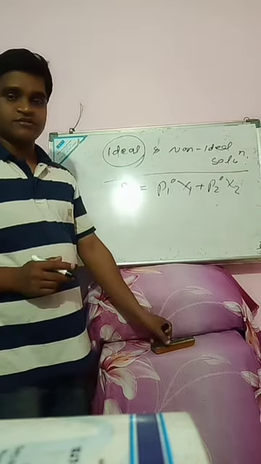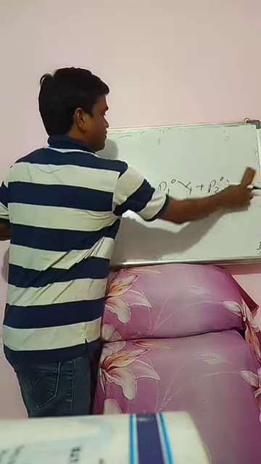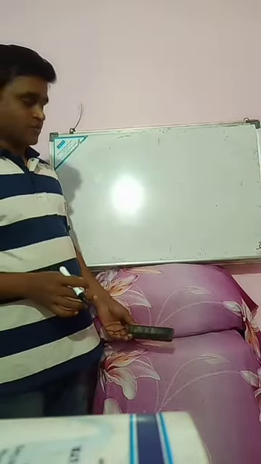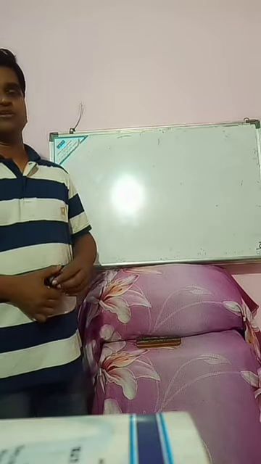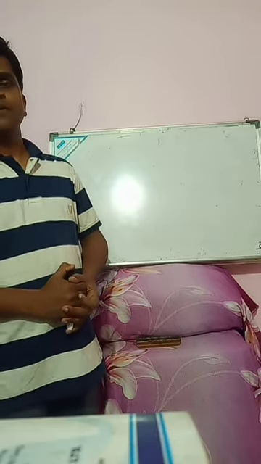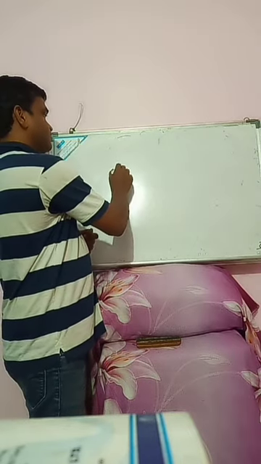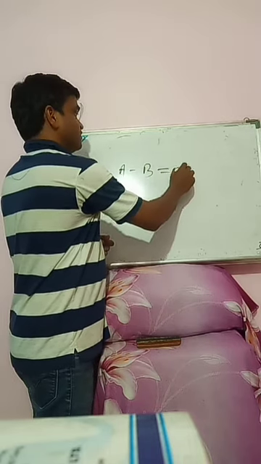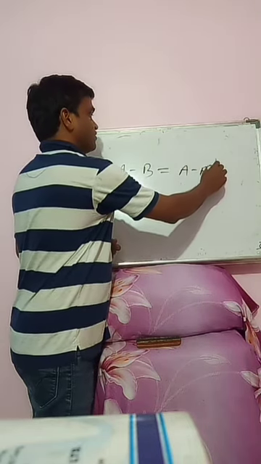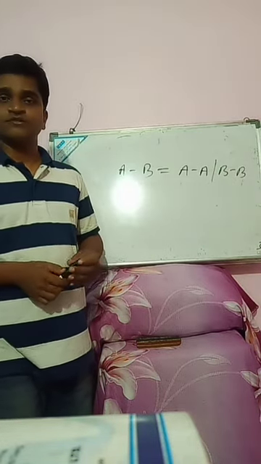Okay, so what are the conditions of a solution to be ideal? That is to be followed to the Raoult's law. So the solution where the force of attraction between the solute and solvent is same with the solute-solute or solvent-solvent interaction is said to be ideal solution.